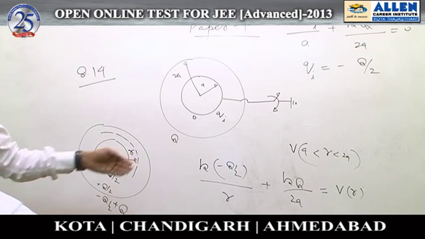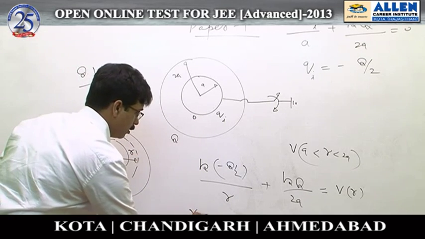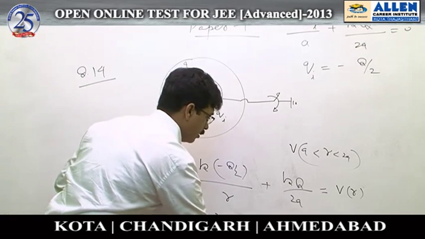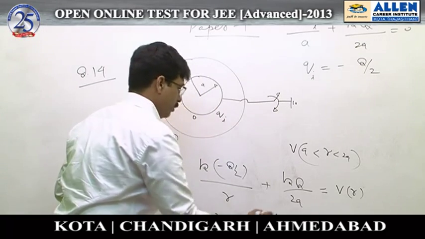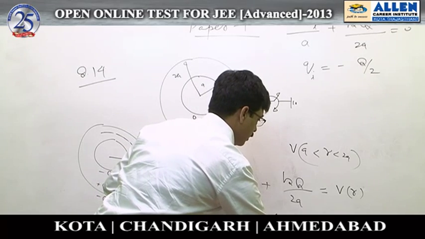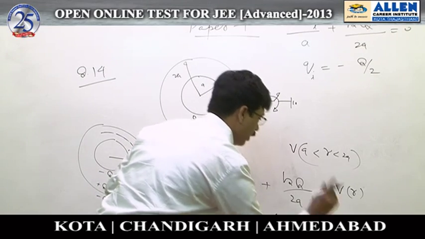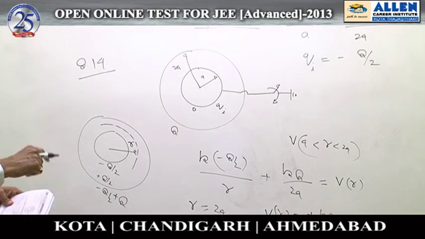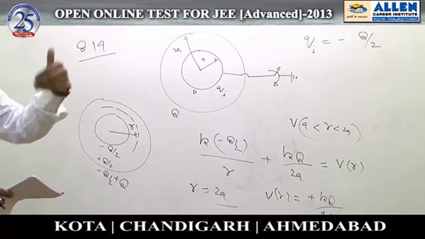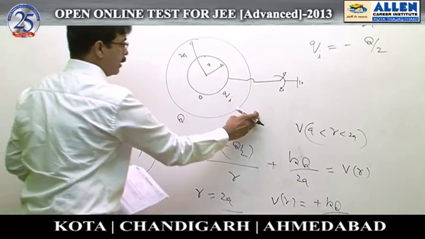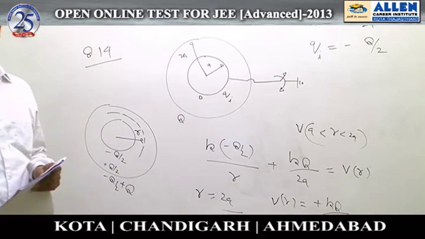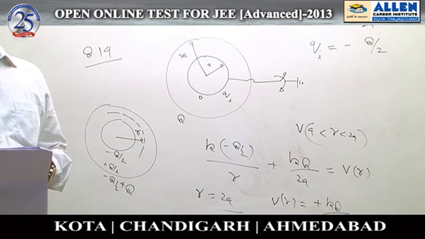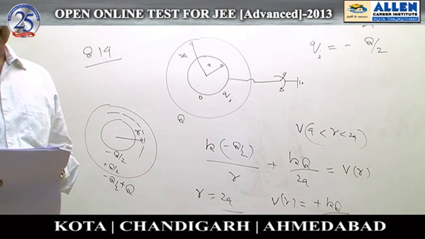Its value at r equal to 2a comes out to be KQ by 4a. That means the potential varies from 0 to KQ by 4a. Beyond that point, when we come outside, it decreases as 1 by r. That means option B is correct. So this becomes the potential graph.